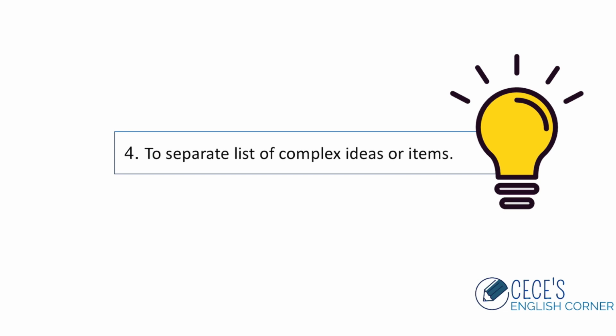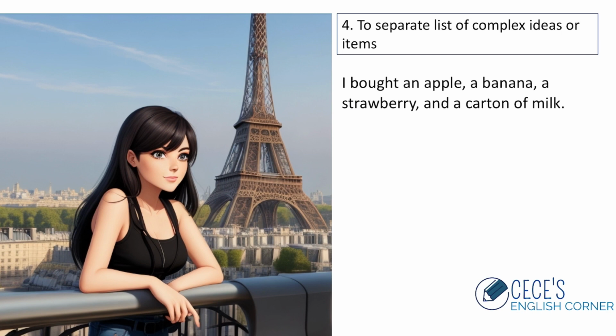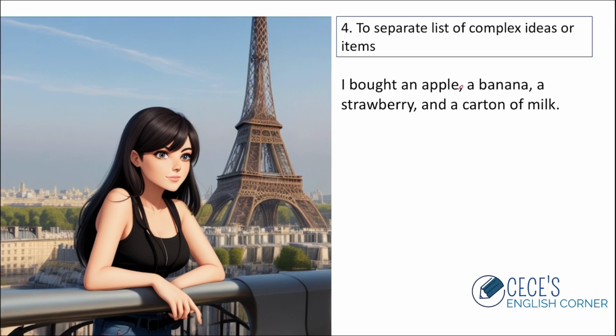We can also use the semicolon in a list of complex ideas or items. Normally, we would use a comma to separate items in a list. For example, I bought an apple, a banana, a strawberry, and a carton of milk. We're separating the nouns in the list with commas. But let's say we had longer items in the list or items that contained punctuation, then we would want to use semicolons.